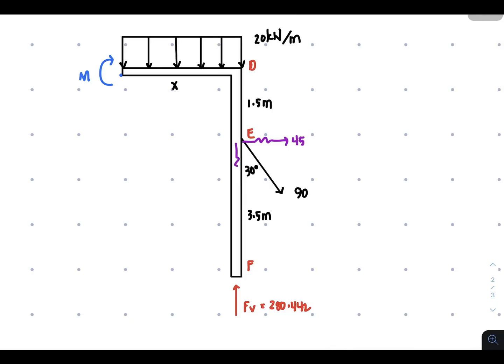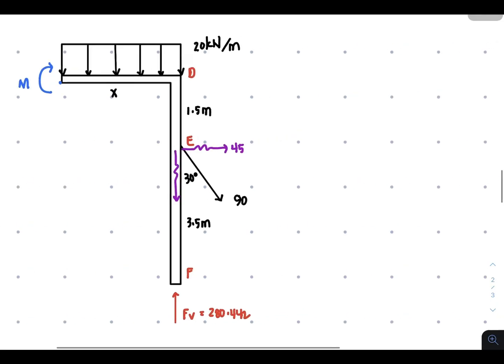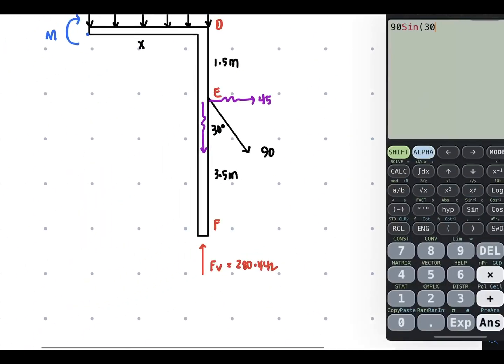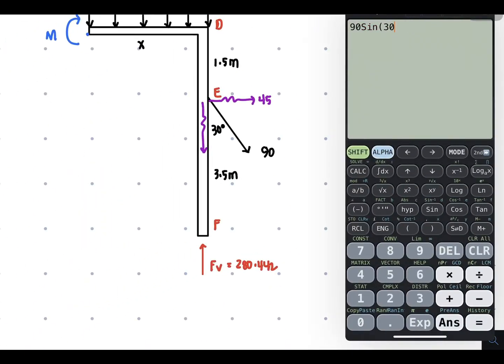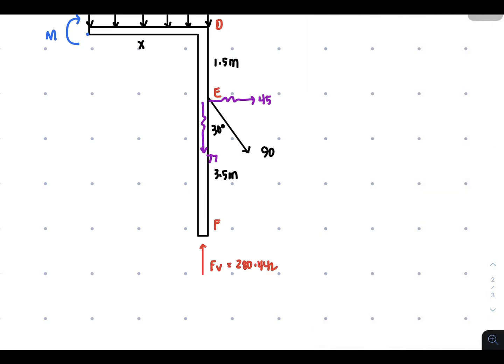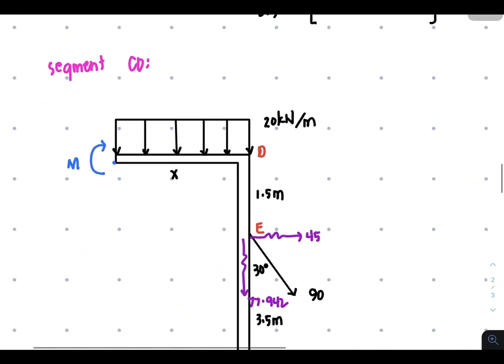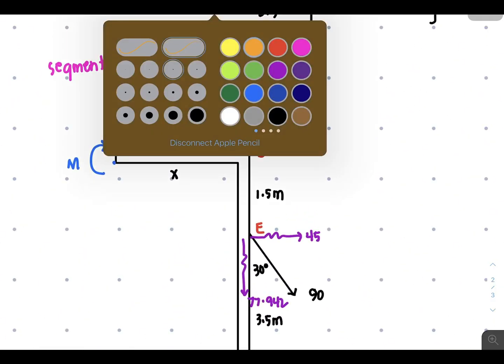Then we also have the 90 cosine of 30, 77.942. Okay, and then we have now a distribution.